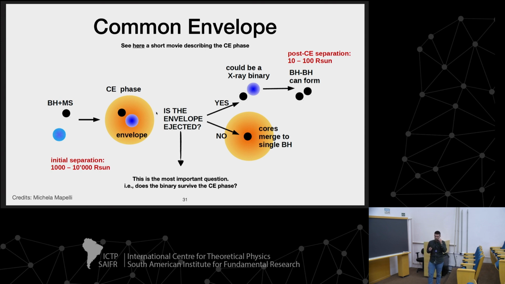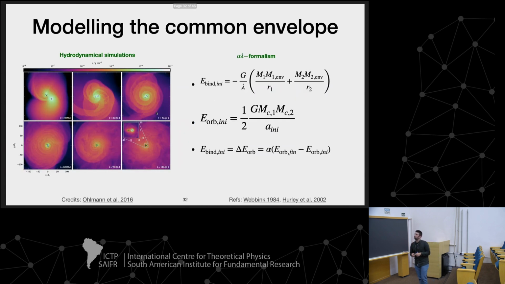You might ask why the binary shrinks. I didn't tell you that. Basically, what you have is a drag force between the two cores and the common envelope. So how do we model the common envelope? This is the most important question at this point.